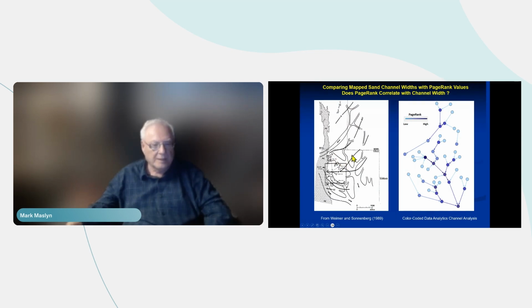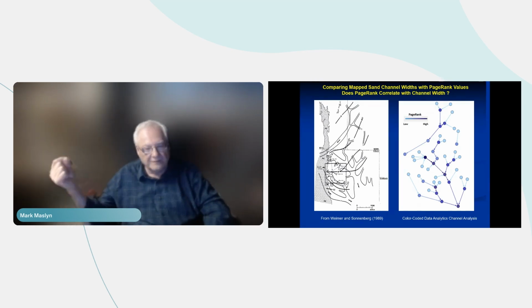For example, this node here would be placed right about here, and this node down here, and so on going on down. And what you see is that the mapped value of the sandstone channels directly corresponds to the PageRank values. So that confirmed that PageRank was a good algorithm to model this.